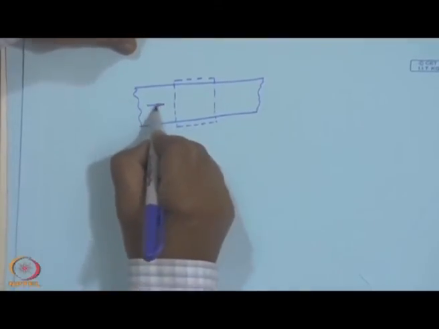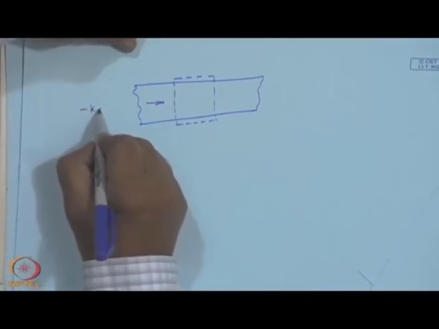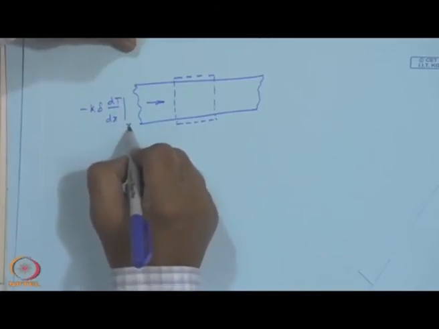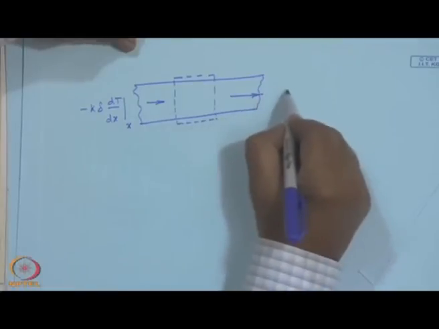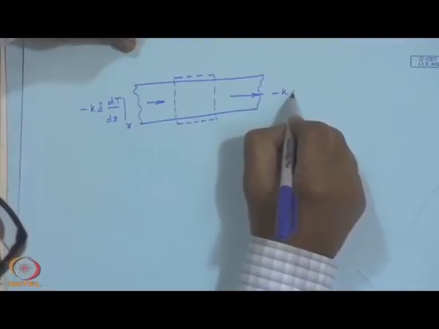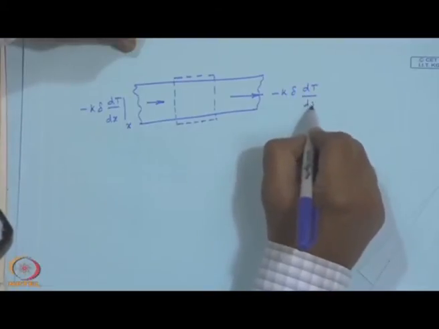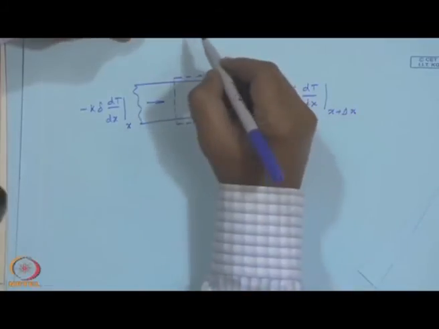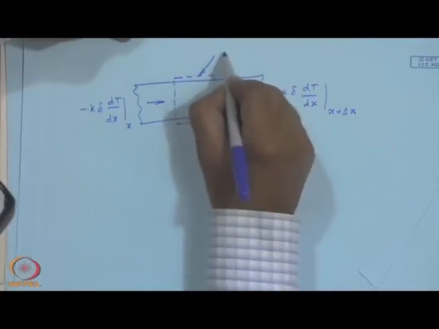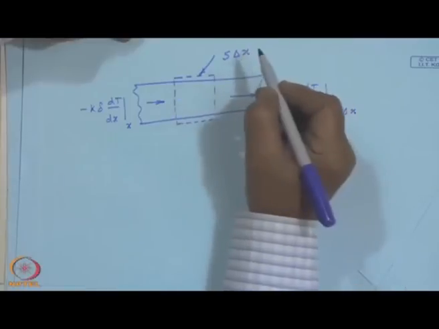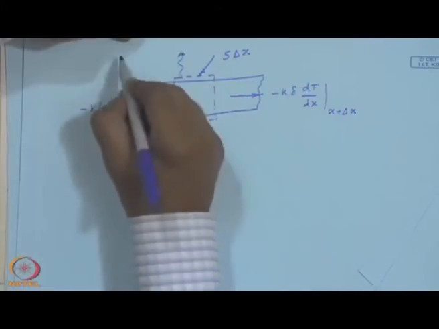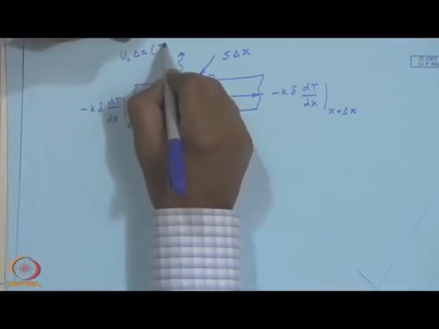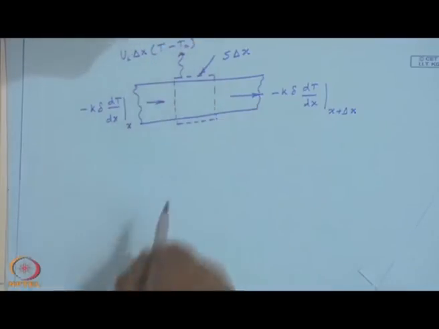Here enters minus k delta dT/dx at x, and what goes out is minus k delta dT/dx at x plus delta x, and what comes on to this is S times delta x, and what goes out is U_L times delta x into T minus T_a.